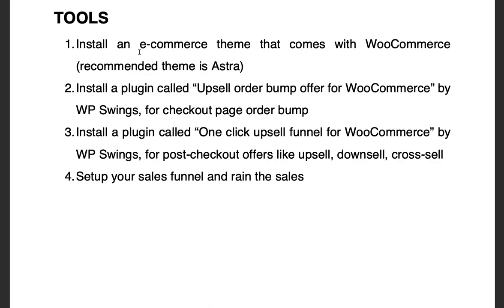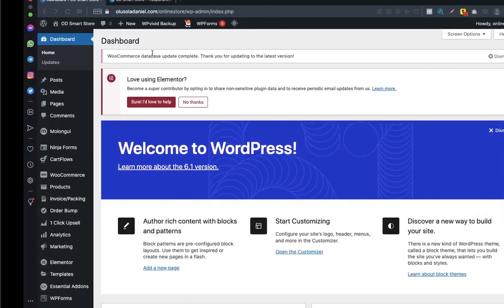But if you install an e-commerce theme and an e-commerce template, it's going to come with WooCommerce and every other plugin that will make your e-commerce store run effectively. So that's why I'm recommending the Astra theme and installing an e-commerce template on it. Let me quickly show you guys how to go about that now.